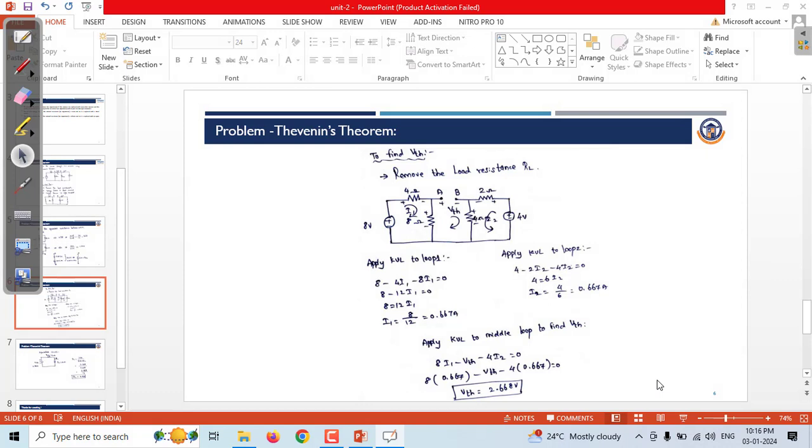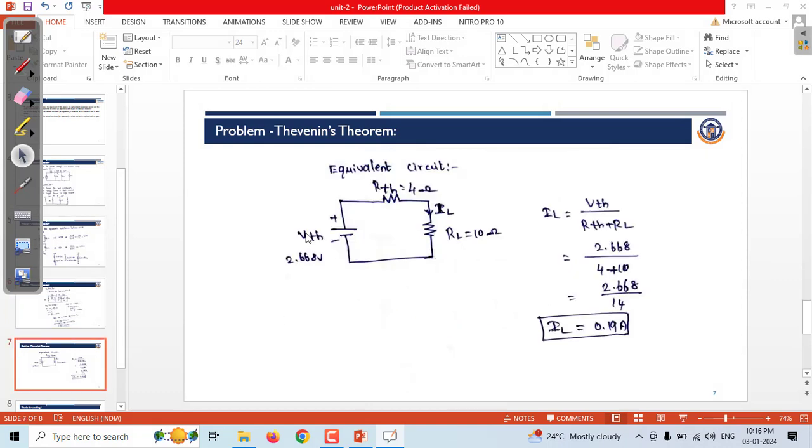Next, we have to draw the equivalent circuit. The Thevenin equivalent circuit consists of a voltage source in series with the Thevenin resistance. The VTH value we calculated is 2.6, and RTH is 4, and we draw the load resistor between A and B. Now we have to find the current flowing through the 10 ohm resistance.